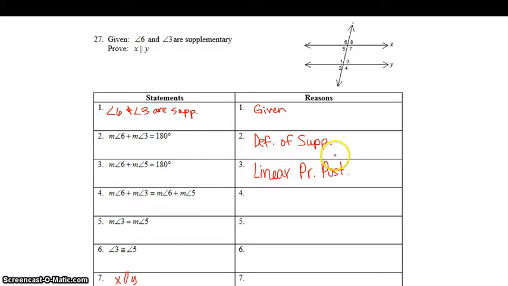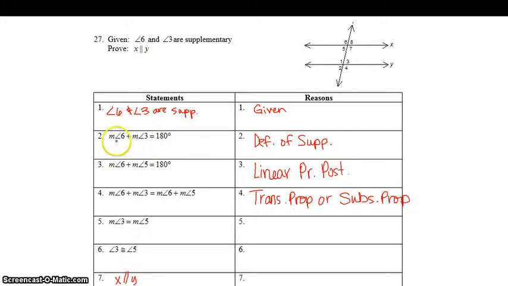Okay, our next step. Notice we have 2 equations equal to 180, and then they got rid of the 180s and just set these 2 left sides equal to each other. So you could either write transitive for that, or you could have written the substitution property. It depends on how you're looking at it.